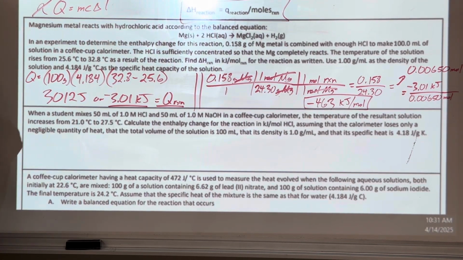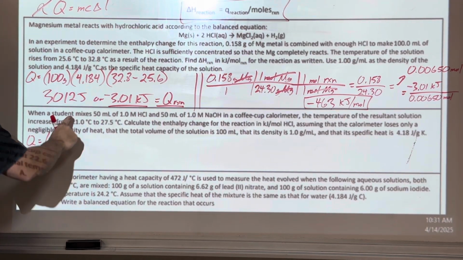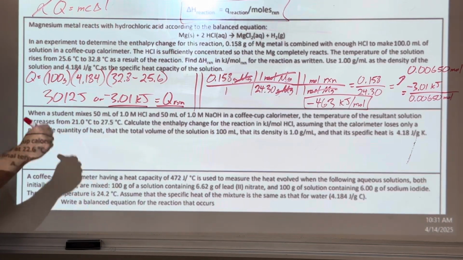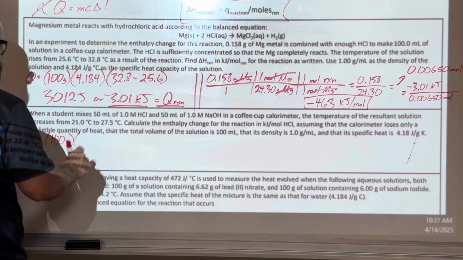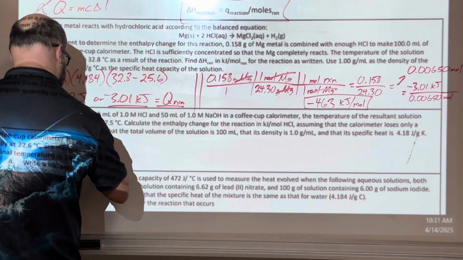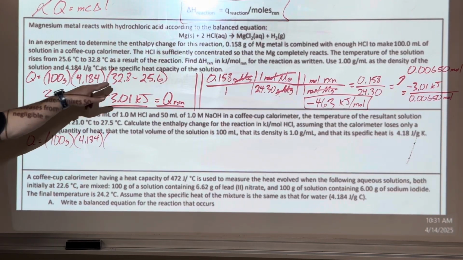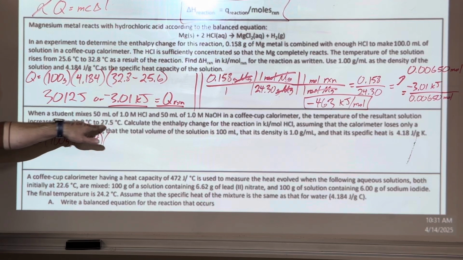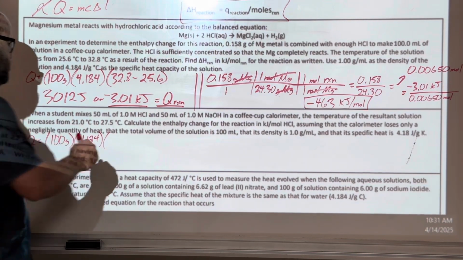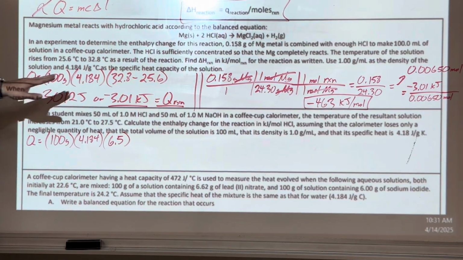So let's calculate Q first. We got 100 mL. It tells us each mL is 1 gram, so our starting mass is 100 grams again. Times 4.184. Now, you can put final minus initial, or on this one, it's so easy. 27.5 minus 21, 6.5. But if you feel more comfortable putting this, do it that way as well.